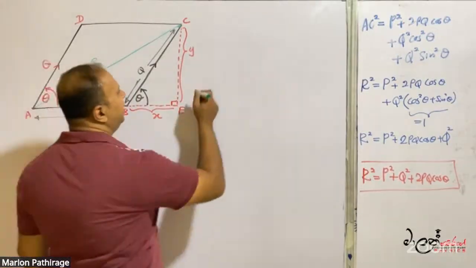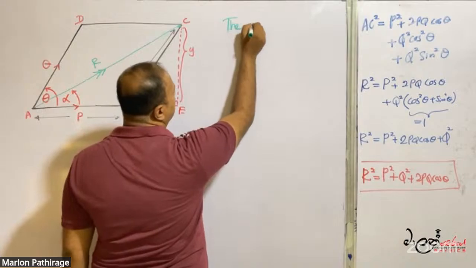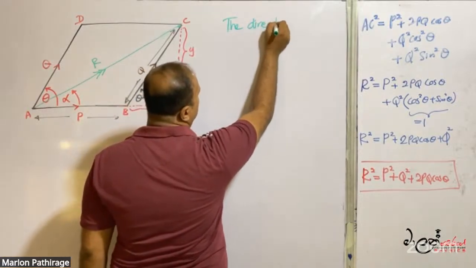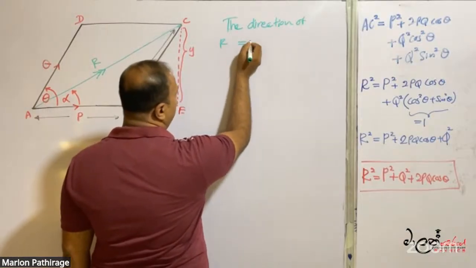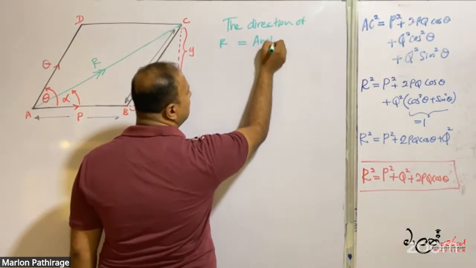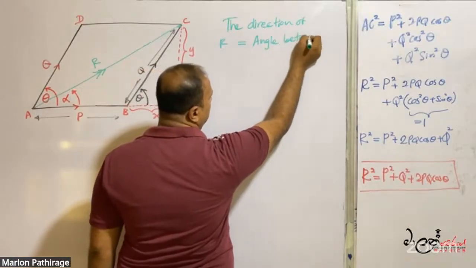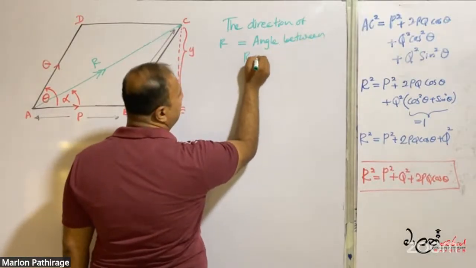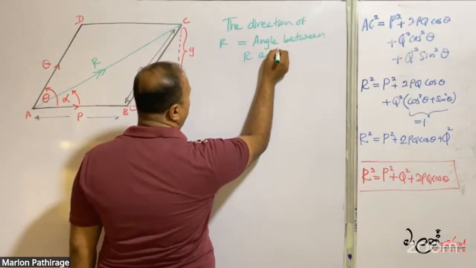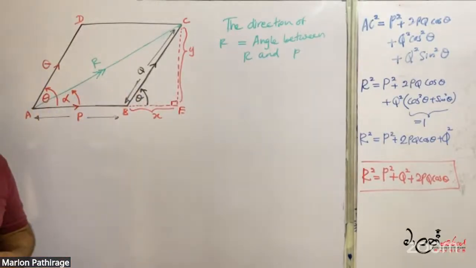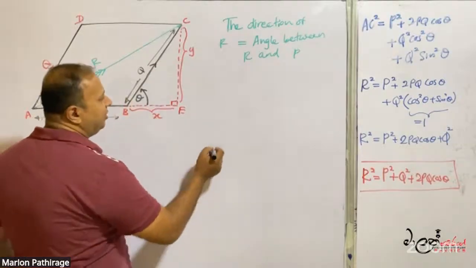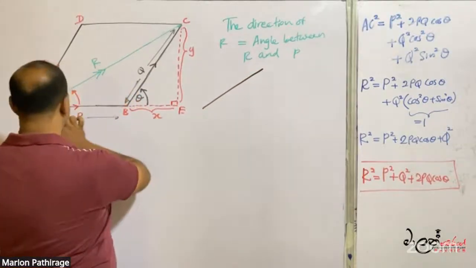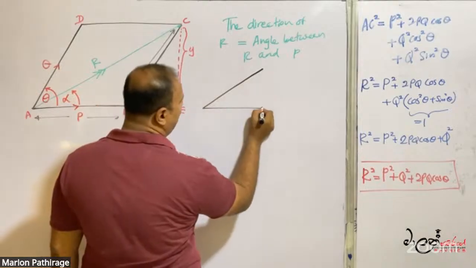Therefore, the direction of R is equal to the angle between R and P. So you need to determine alpha. Again, I can use the ACE triangle.